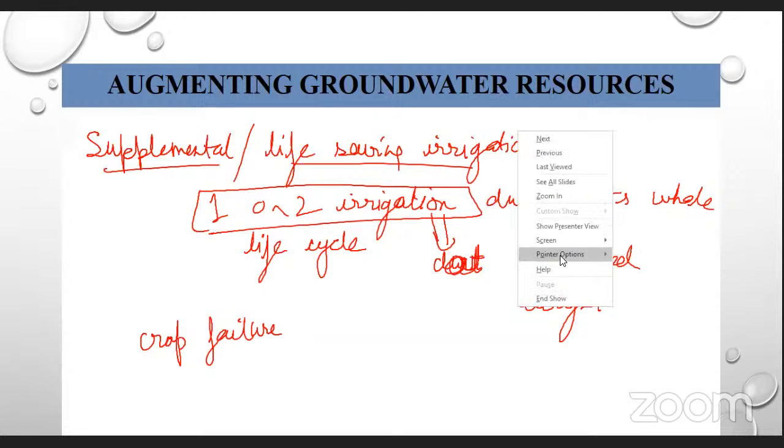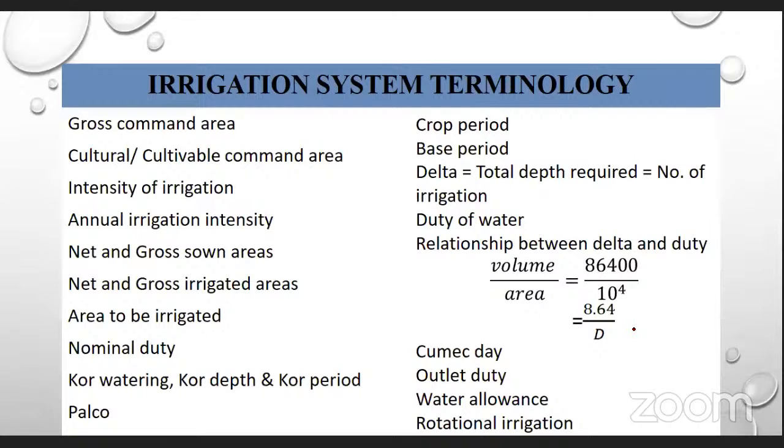Now moving to the next topic. These are the terminologies which usually occur, and the duty of water and the delta of water are very important. So one by one we will focus on all the terms. First of all, we have the first term, gross command area.